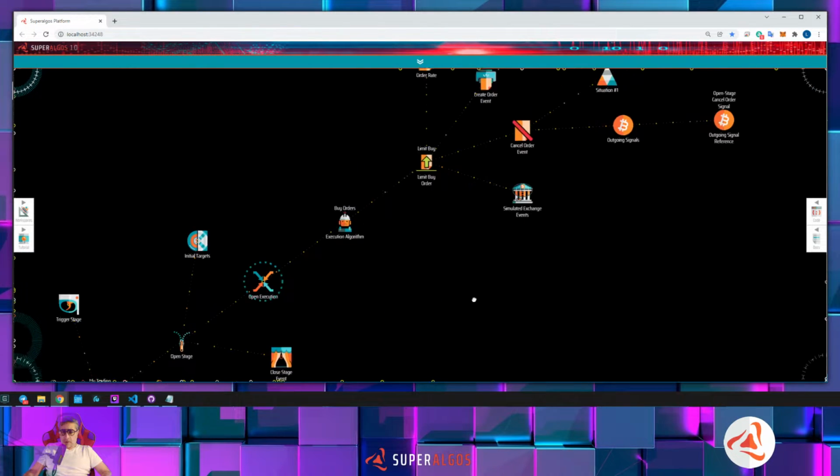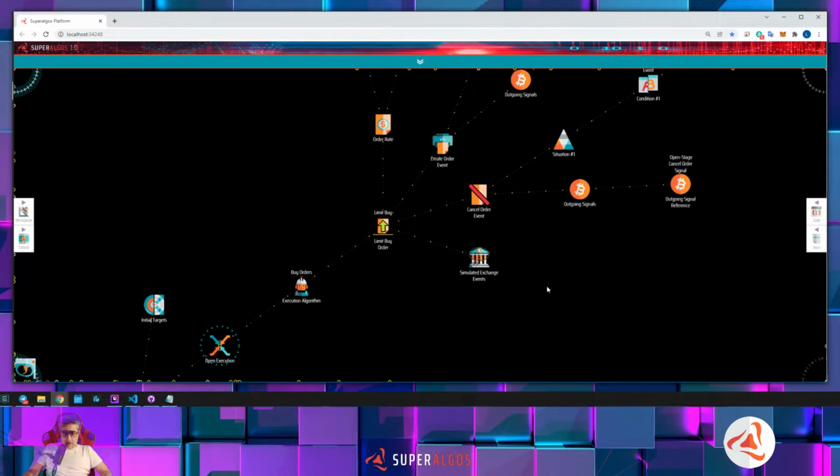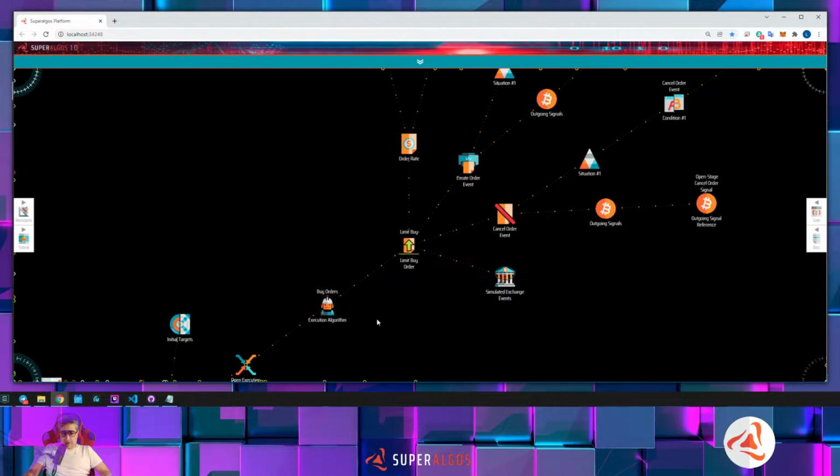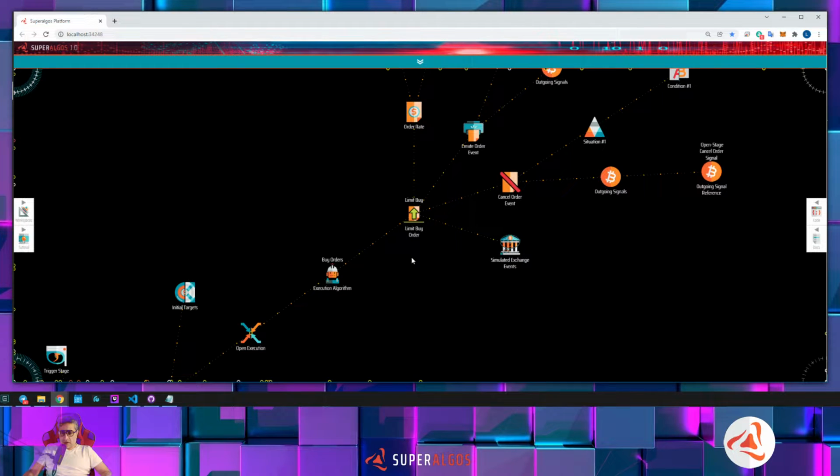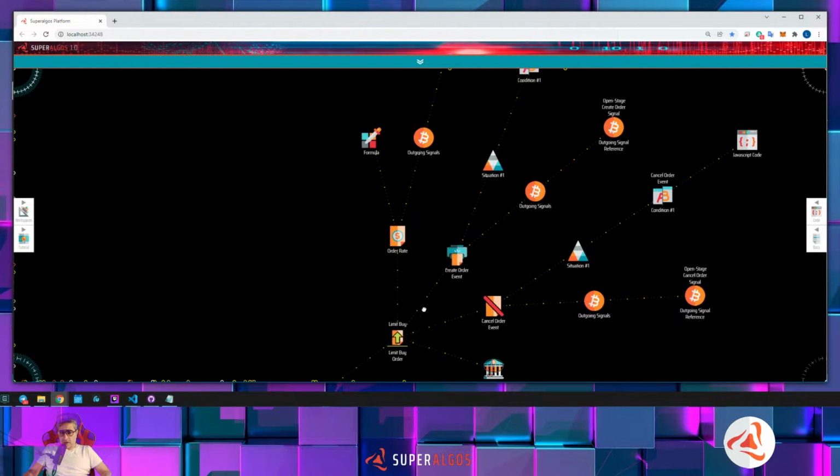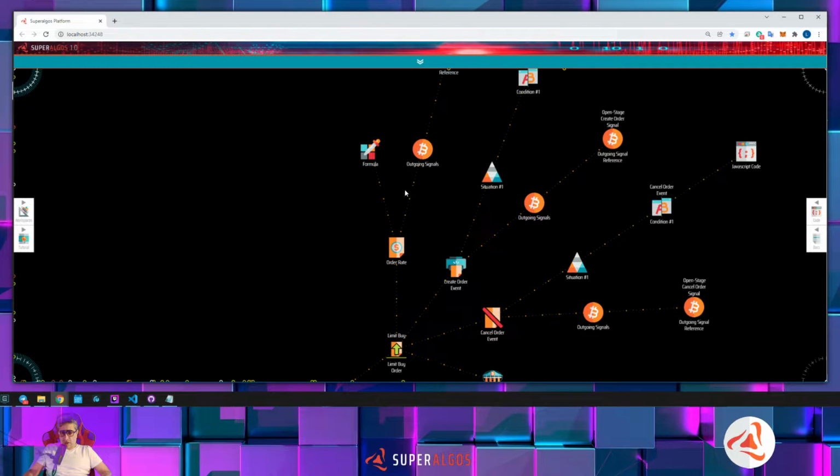So by evaluating formula there, that means that every algorithm, every order, and every formula of order rate is going to be evaluated all at once.